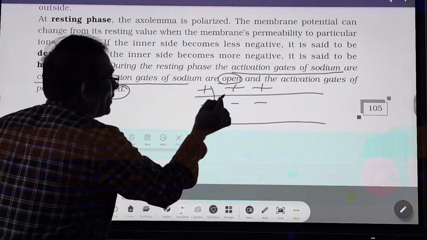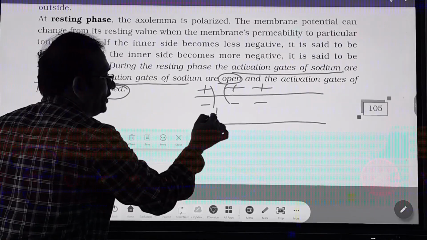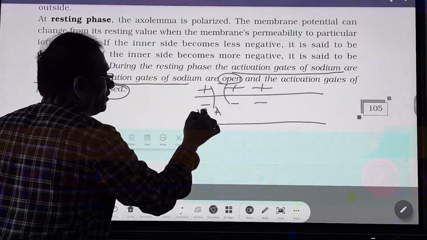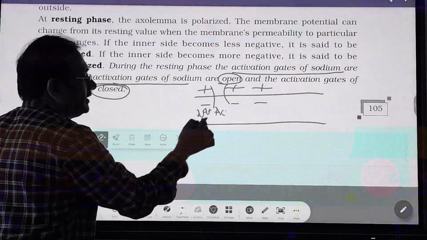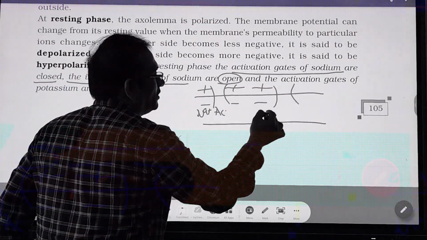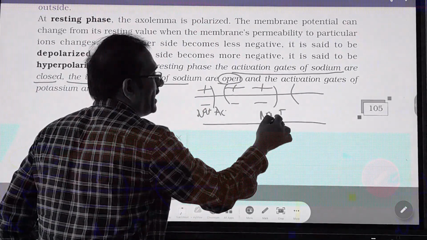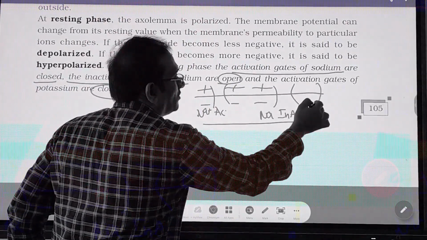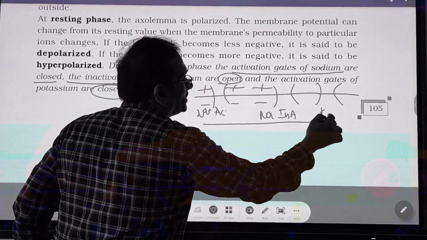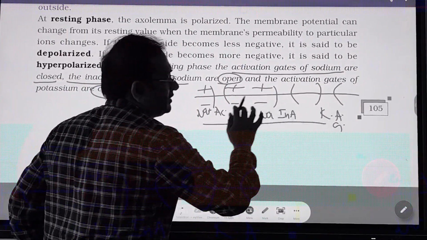So here the sodium activation gate, sodium inactivation gate, and potassium activation gates are present along the length.